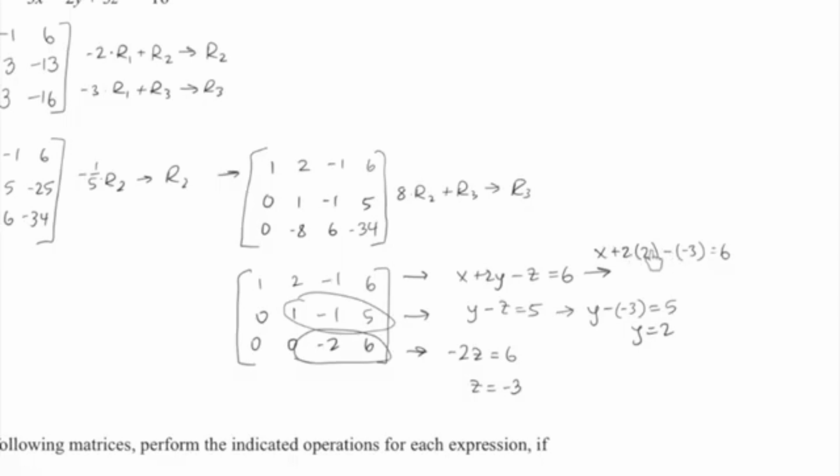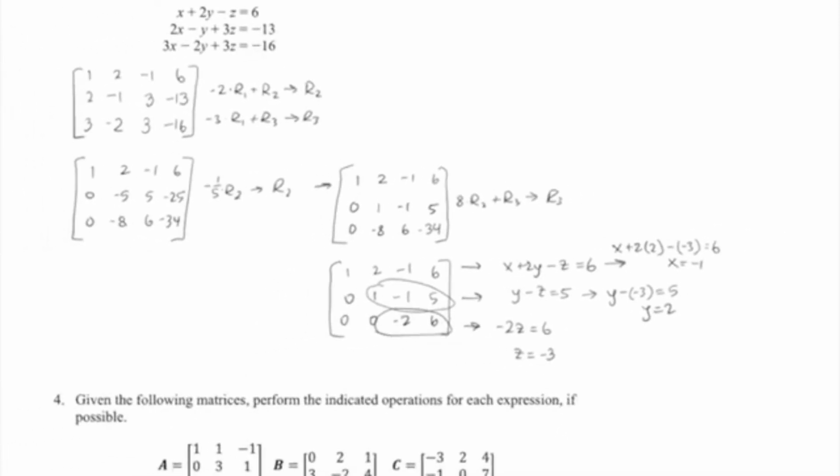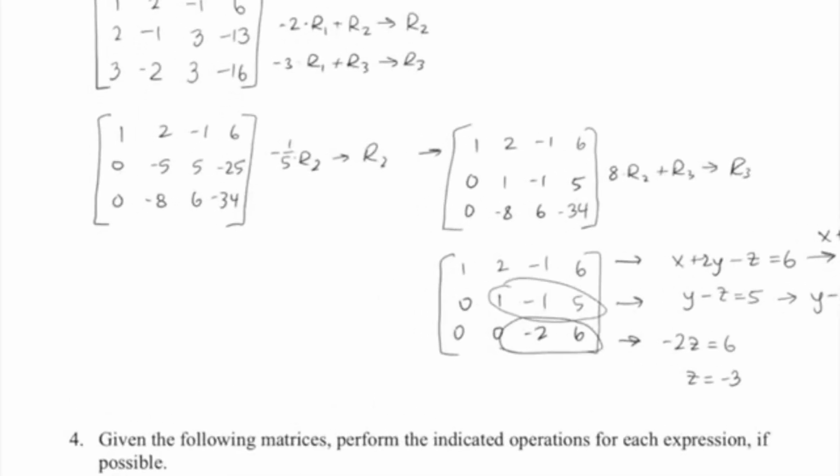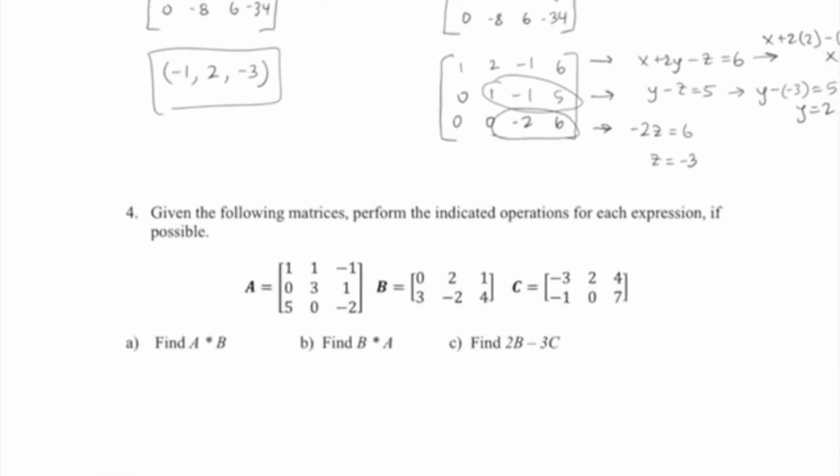X plus 7 equals 6, which means x equals -1. So the solution to our system of equations here is x equals -1, y equals 2, and z equals -3.